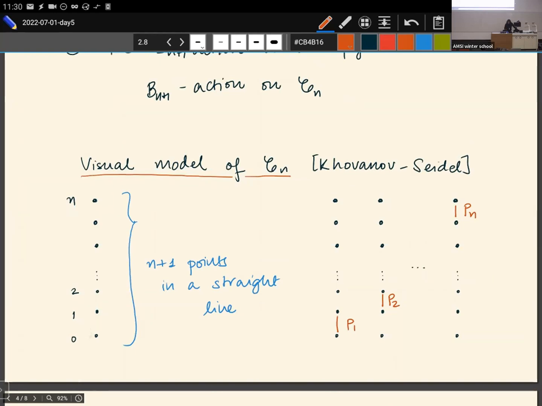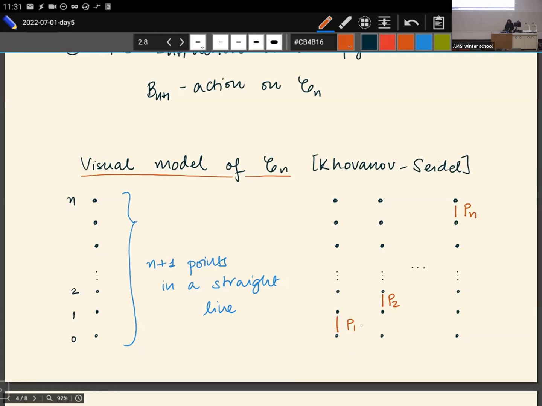So n plus 1 points in a straight line, and I've drawn them vertically in a straight line for a reason, which I'll explain later. But the point is, the visual model says you have your generating objects P1 through Pn, and each one corresponds to a certain arc in this configuration.